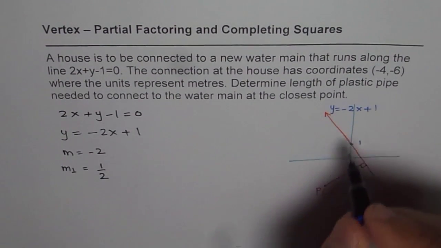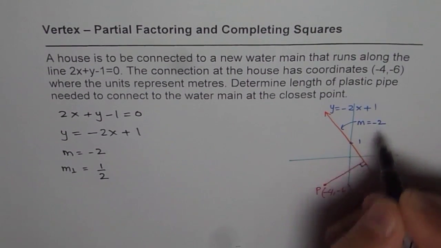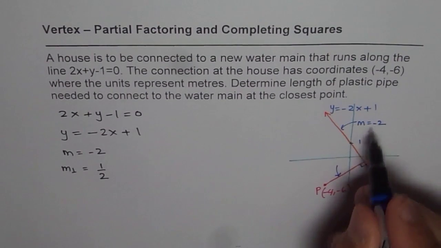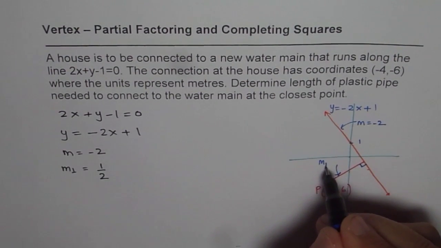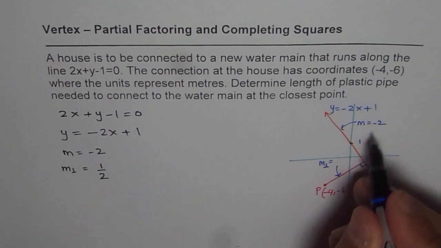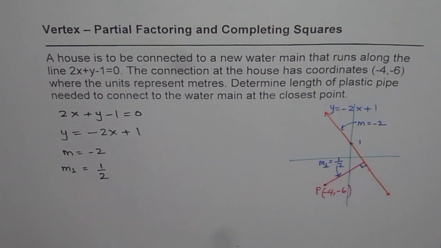Now the equation of this line can be found by first finding the slope. We have found that the slope of this line m is minus 2. So what is the slope of the perpendicular line? The negative reciprocal. So the perpendicular slope will be the negative of negative 2, that is plus 2, and reciprocal means 1 over 2. So that is the slope.